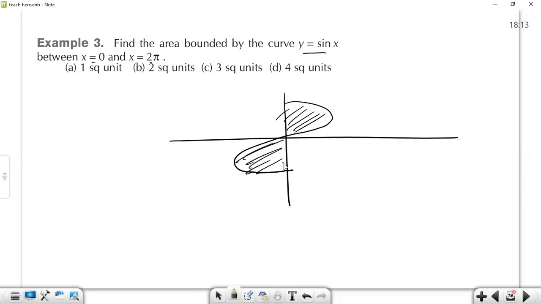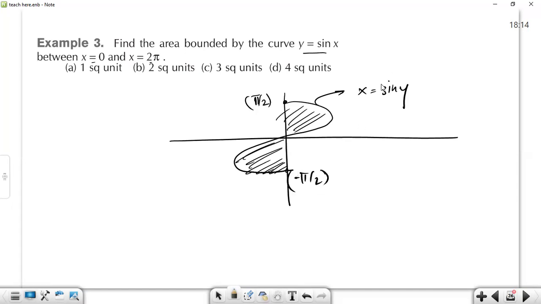Let us say it is the function x is equal to sine y. Let's say this is a point pi by 2, and this is a point minus pi by 2.